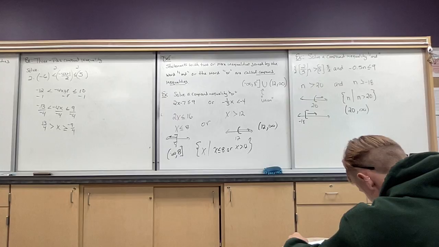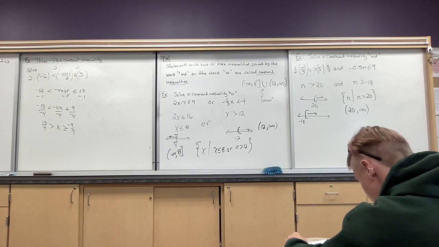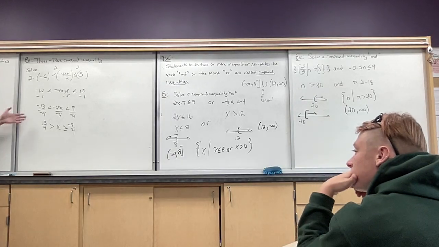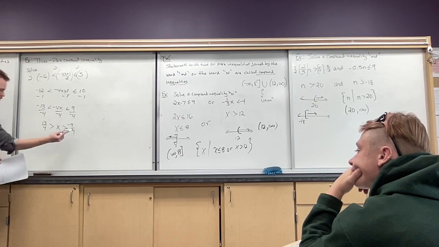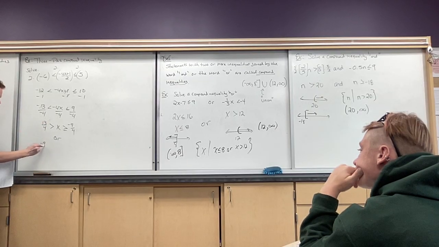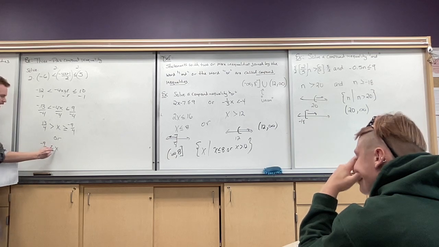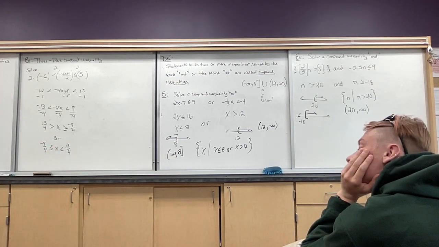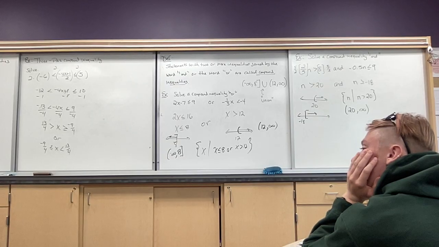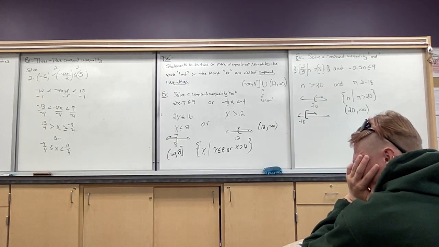Now again, that looks a little weird. Typically we have the negatives first and the positives afterwards. So I'm just going to swap this around: negative 9 over 4 less than or equal to x less than 13 over 4. Just flip them around so it's a little more normal to read that inequality statement.